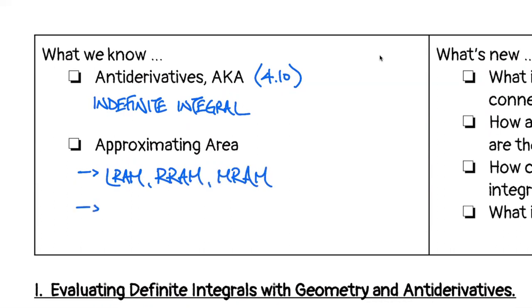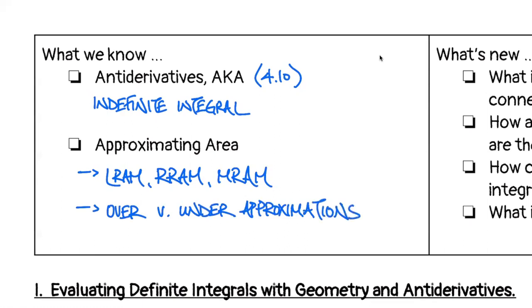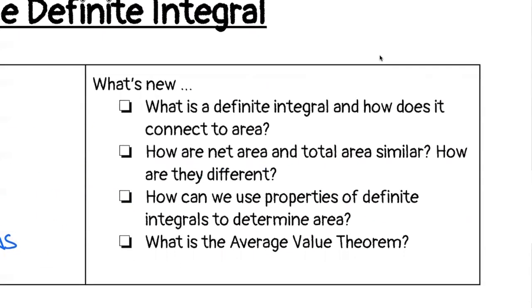But we focused a lot more on this idea of over versus under approximation, and where do we find the values to find these, and how do they make sense with the formula?